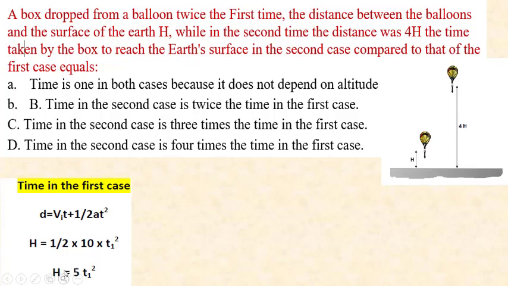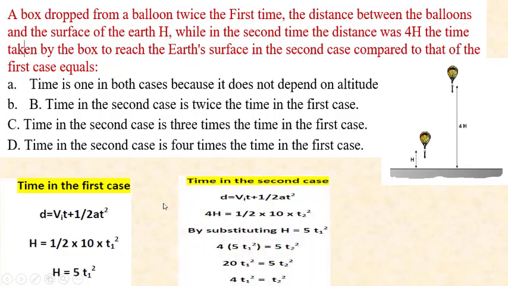It will be 5 t1 squared. While the time in the second case, also applying the second equation of motion, it will be 20 t1 squared equals 5 t2 squared, so 4 t1 squared equals t2 squared. By taking the root of both sides, the time of the second case is twice the time of the first case.